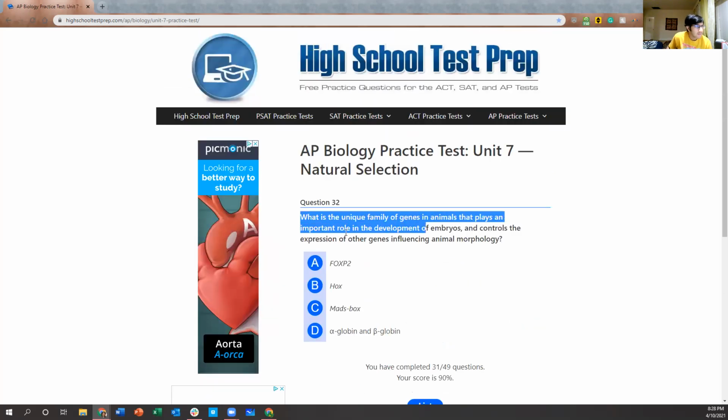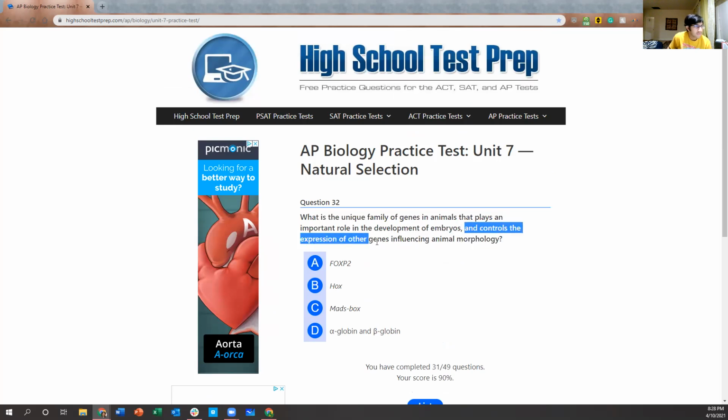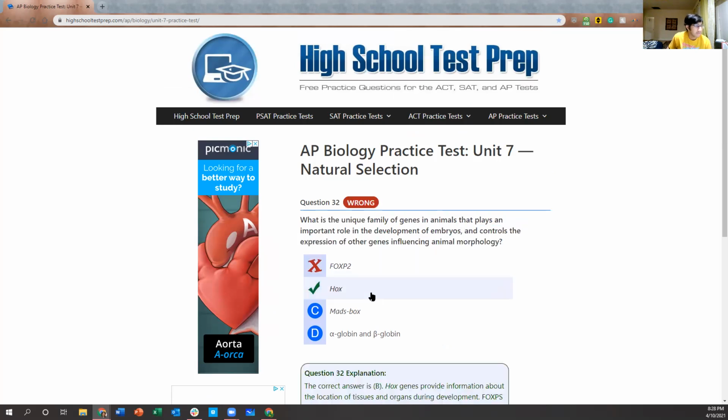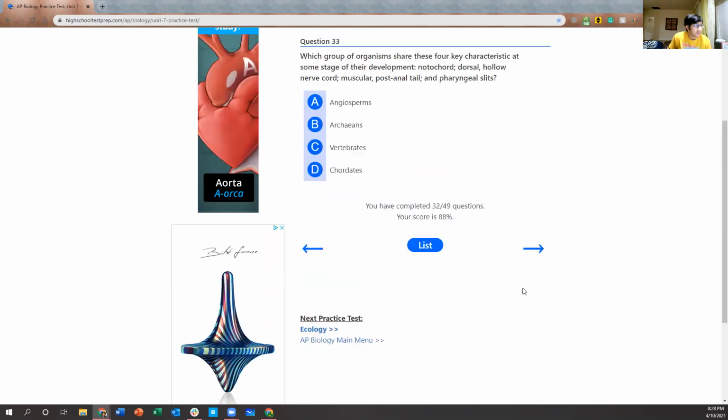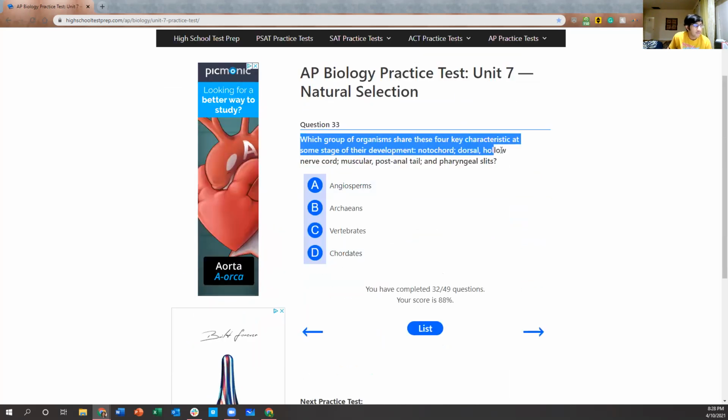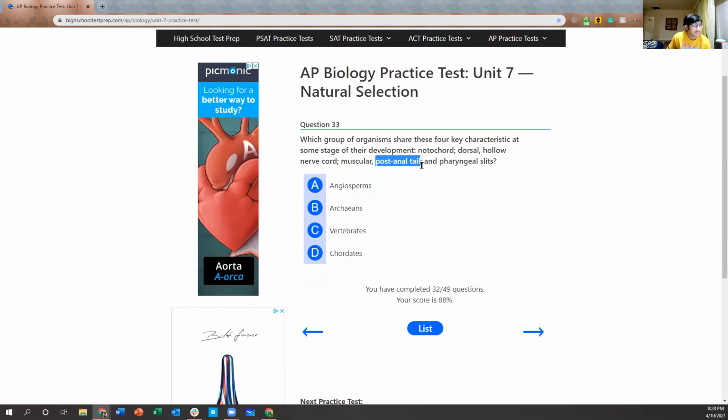Unique family of genes in animals that plays a role in development of embryos. Controls the expression of, I think it's Fox. Nope. Okay, we don't know about that. Don't worry about that. Which group of organisms share these 4 key characteristics at some point? I do not know. Dorsal, post-anal tail. This sounds like vertebrates. I really don't know. Nerve cord.